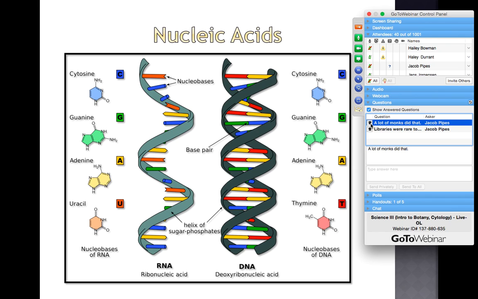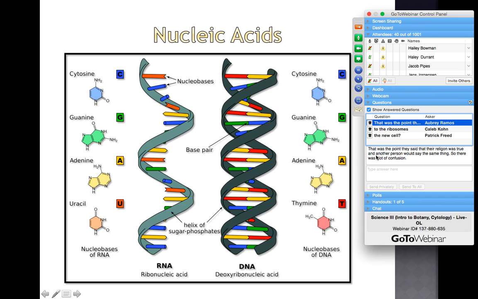Yeah, Jacob says lots of monks did that. Jacob says in the nucleus. That's right. All right, so the RNA is copied from the DNA in the nucleus, and then where does it go? Where does the RNA molecule go? Yeah.